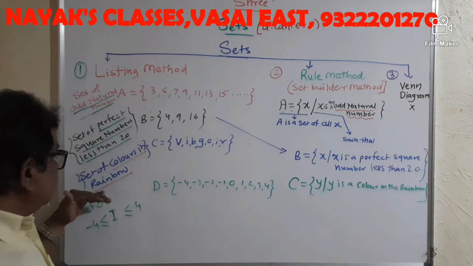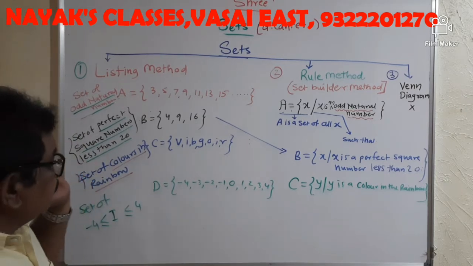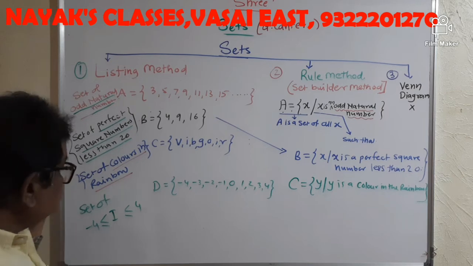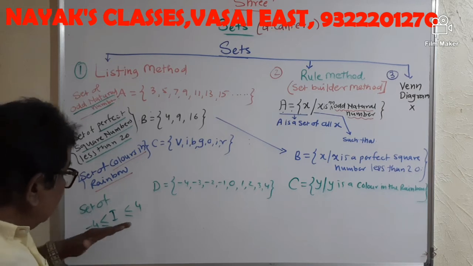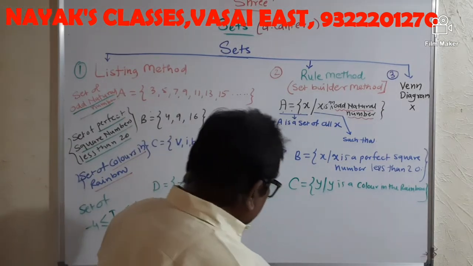I have written the thing which is given in the question only. Correct? And now this is the rule. How to write then?